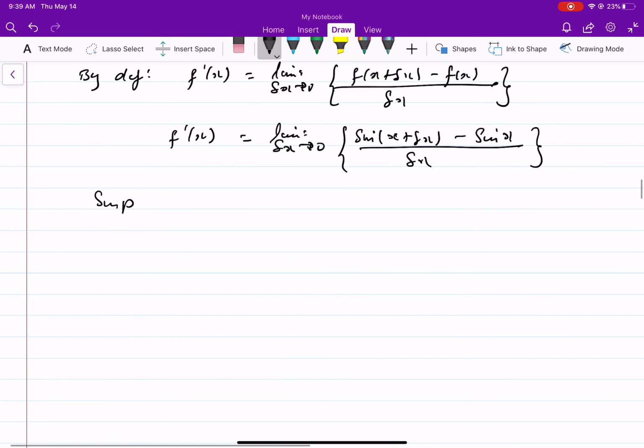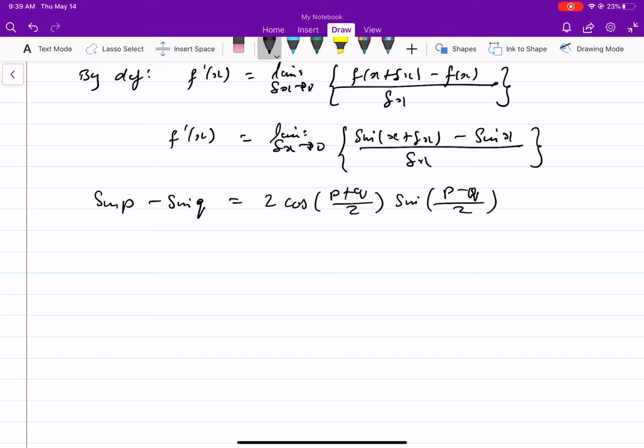Sine P minus sine Q is equal to, well, I gotta look it up myself, 2 cos of P plus Q over 2 times the sine of P minus Q over 2. There. Sine P minus sine Q, 2 cos P plus Q over 2, sine of P minus Q over 2.